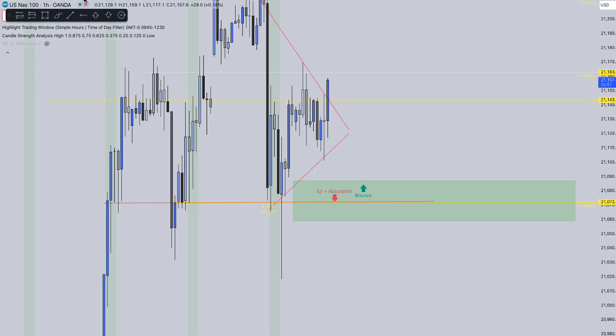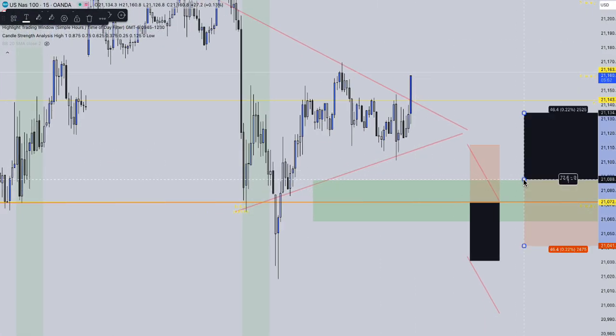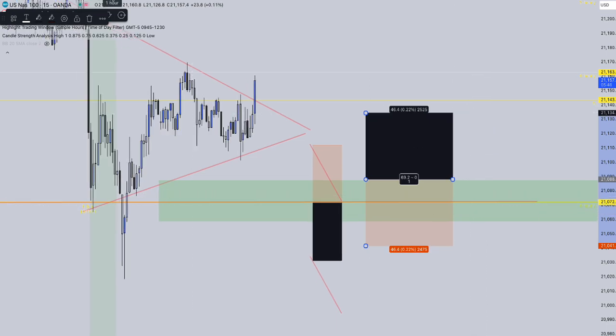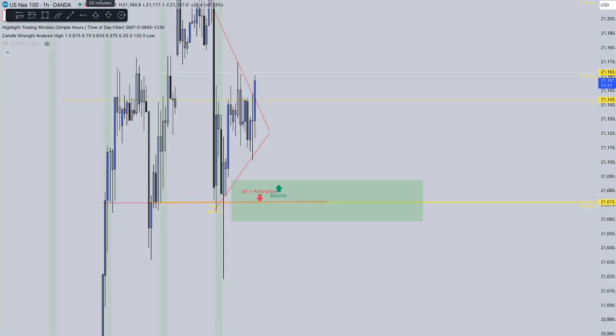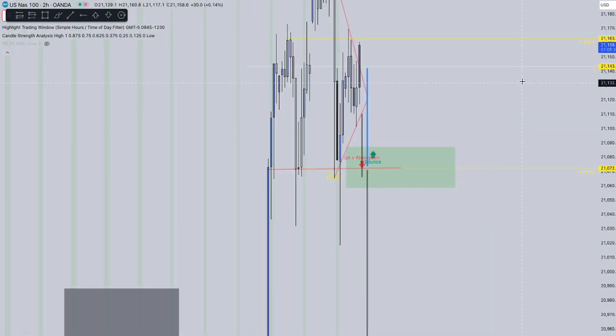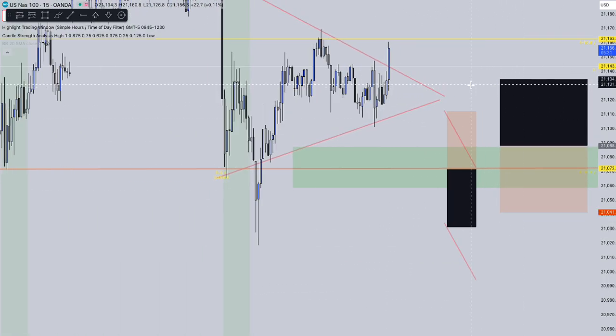Actually, I haven't put an entry on this one, have I? So about something like there. Set. I can't see my lines, they're gone. I'll put them on 2 hour. Okay, so yeah, up to that second level, which is nearly there. I don't think we'll probably get there, to be honest.